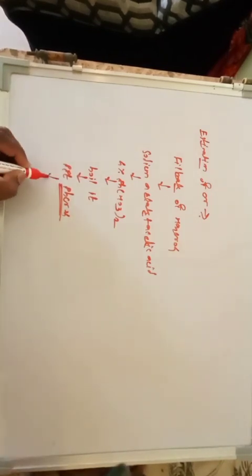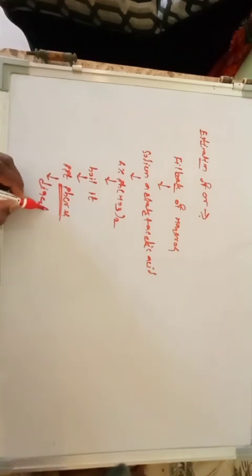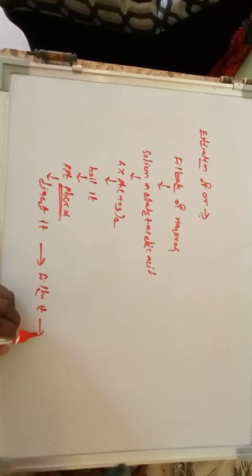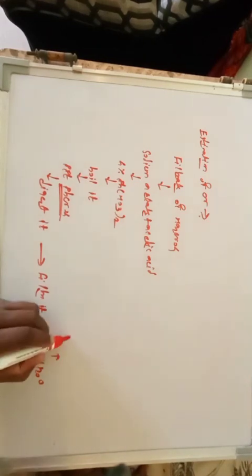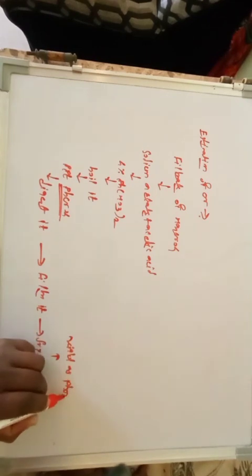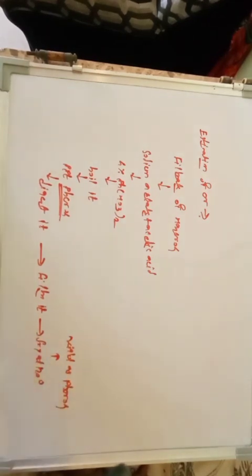Again, you have to digest this precipitate to increase the particle size, then filter it, dry at 120 degrees in oven, and weigh as lead chromate, PbCrO4. So this is the procedure for determination of Fe and chromium from this steel alloy.